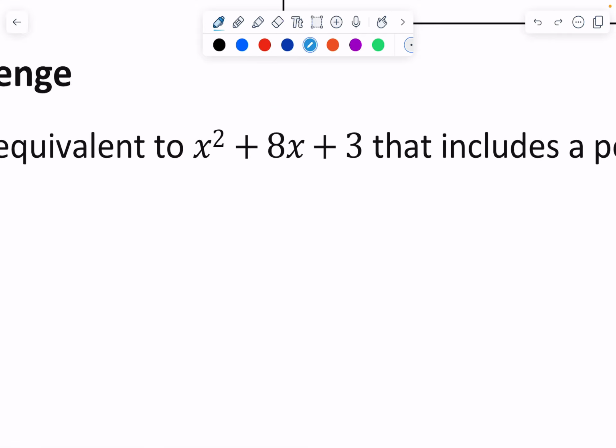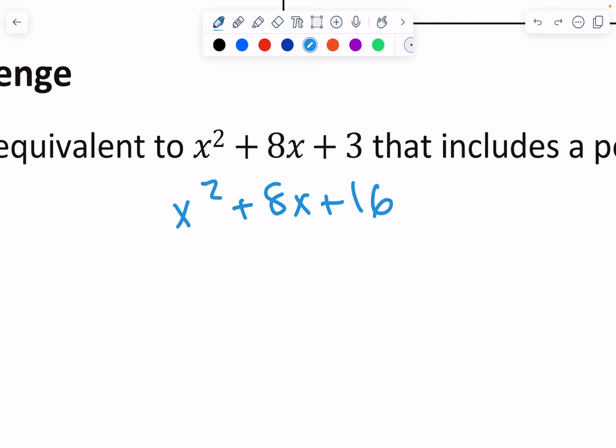If I could do things as I wanted, instead of a 3, I would want a 16. So why don't I just add a 16 to this? Then we talked about how if you add 16, it's no longer equivalent to the previous expression, so that's not mathematically correct.